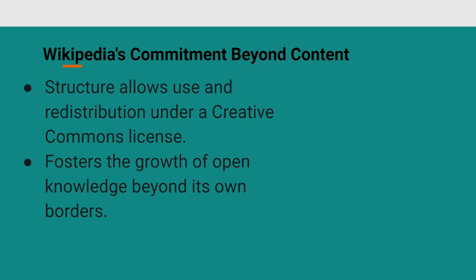Commons is a platform whereby you upload media files. So it is not just updating articles. Wikipedia is based on articles, but Commons is based on pictures, videos, and your media files. So it allows redistribution under a Creative Commons license.